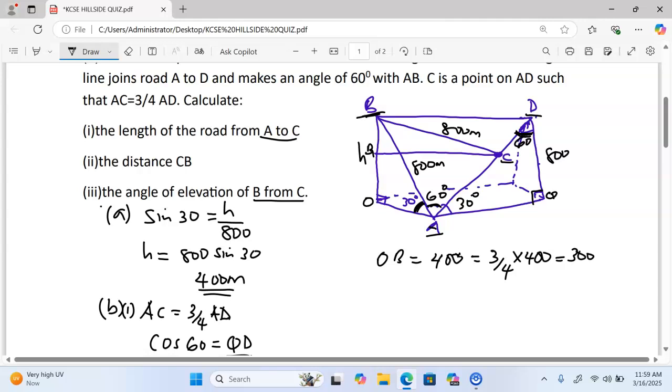So OB prime is going to be 300, and B prime B is going to be 100.